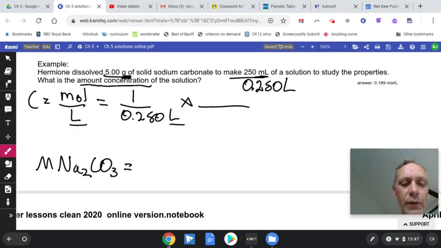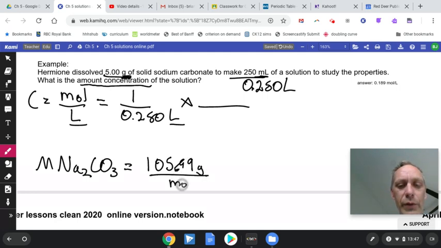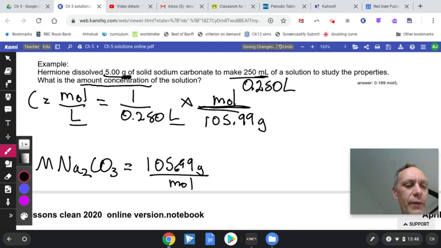Molar mass is 105.99 grams per mole. Okay, so when I go to use this unit, am I putting it the way it is or flipping it? So I want moles on top, so I have to flip it. Moles on top, 105.99 grams.